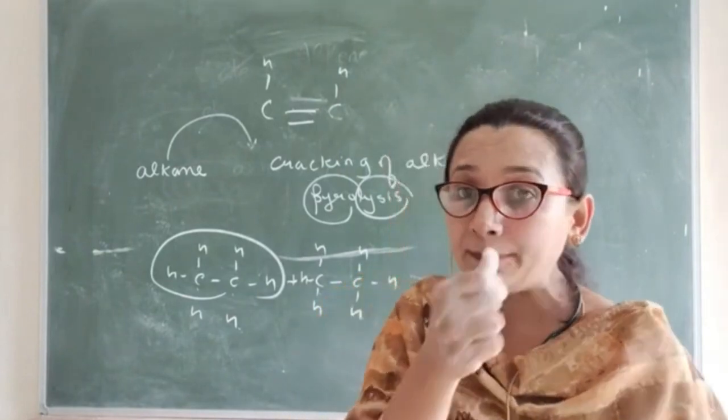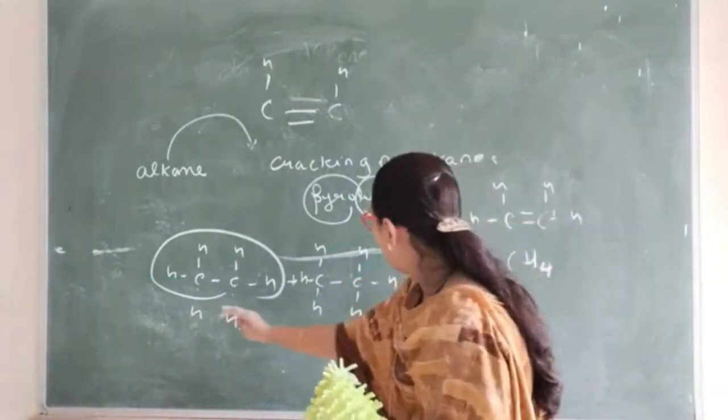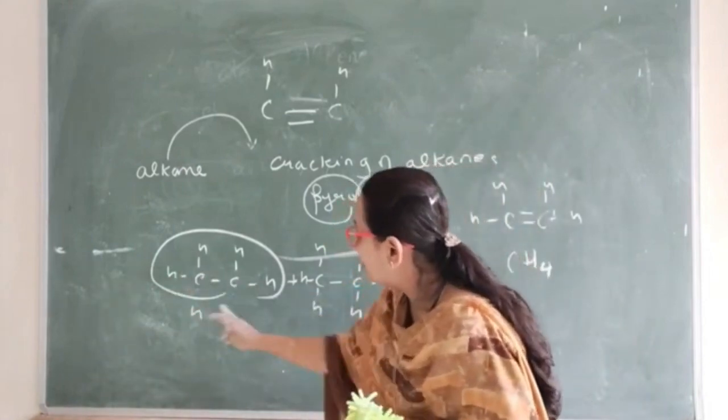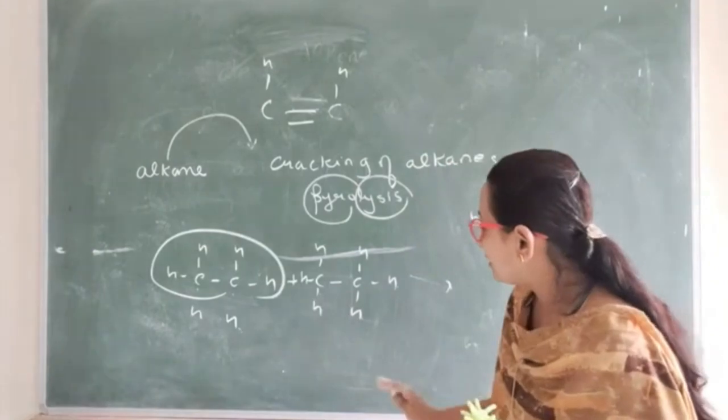How? This happens in the presence of a catalyst. Say for example, these are my 2 molecules of ethane, CH3 CH3, that is C2H6, C2H6.